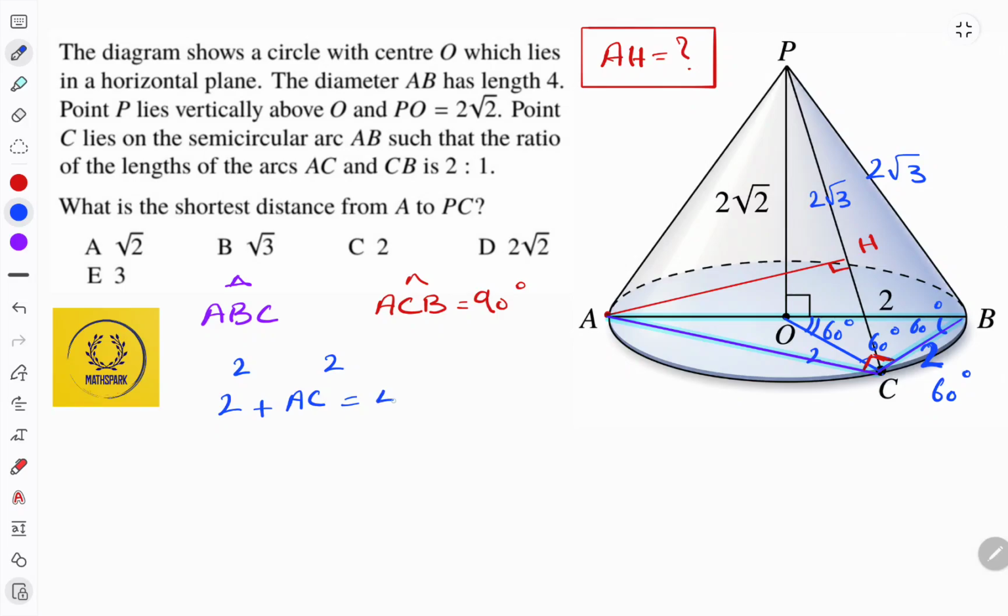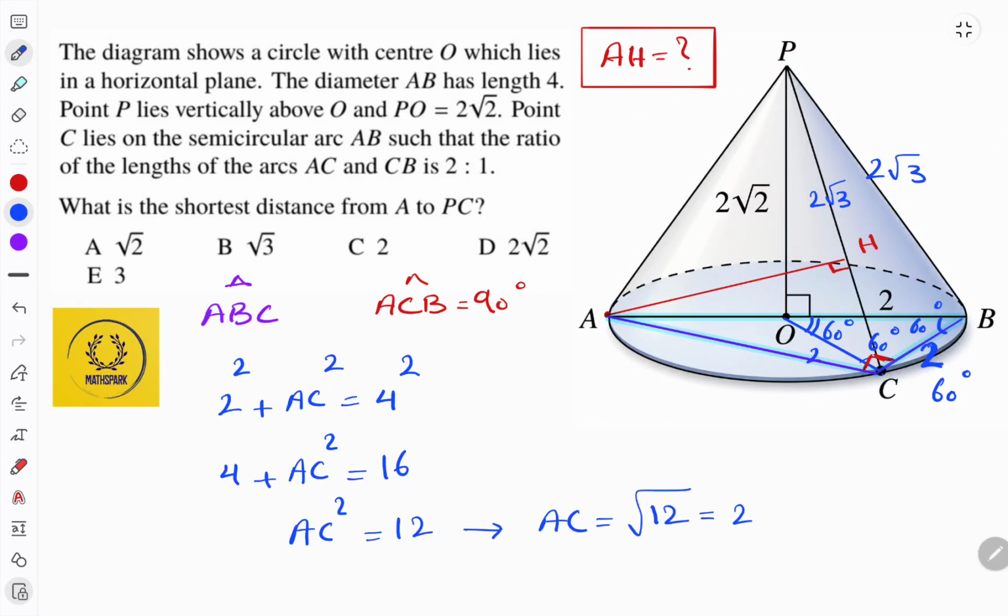AB is the diameter and is 4. Okay, 4 plus AC squared is 16. AC squared is 12. So AC is root 12, which is 2 root 3.